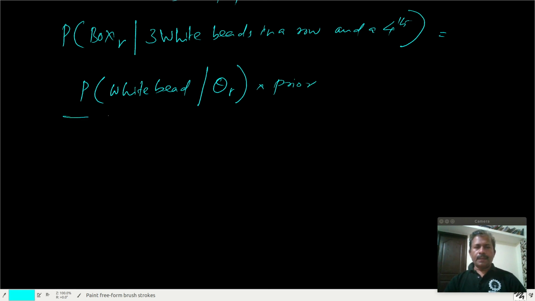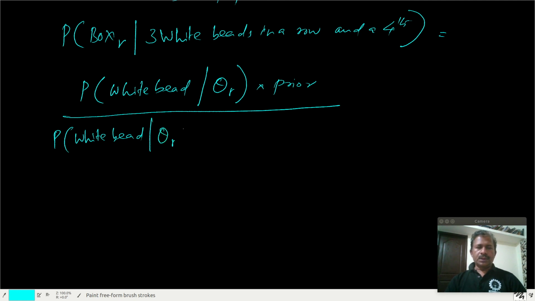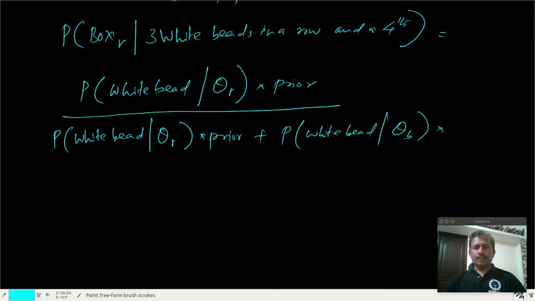Divided by the probability of the white bead from the box red multiplied by the prior, plus the probability of a white bead from the blue box multiplied by the prior associated with the blue box, right?